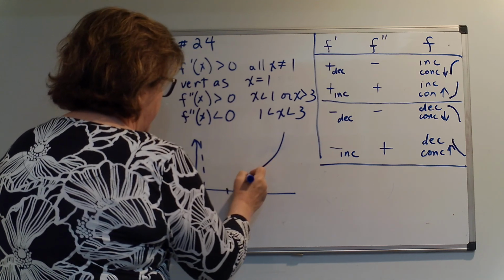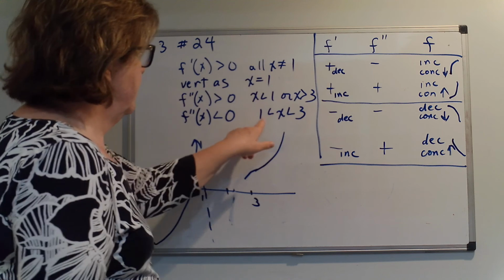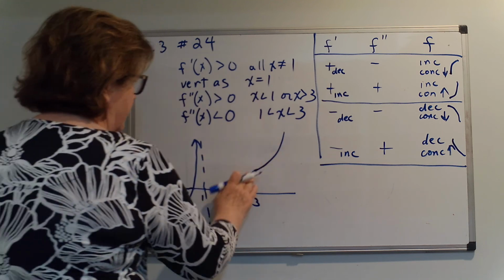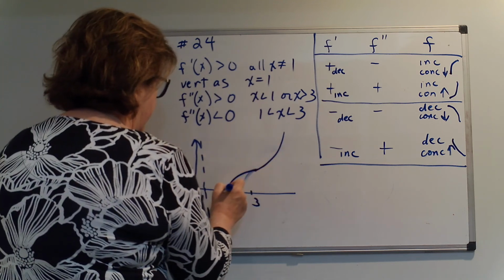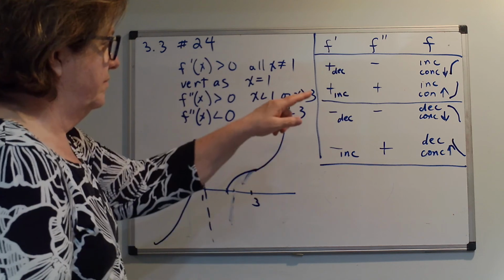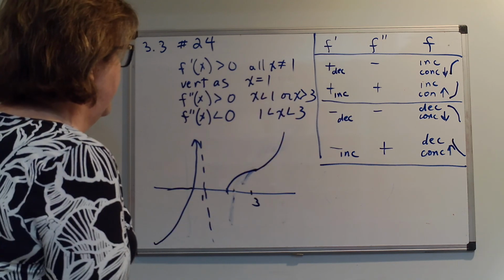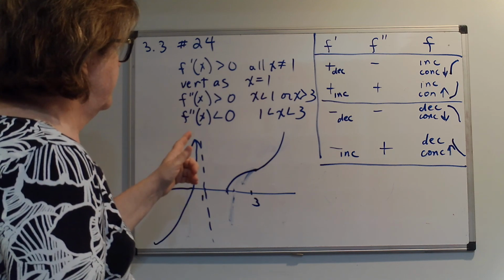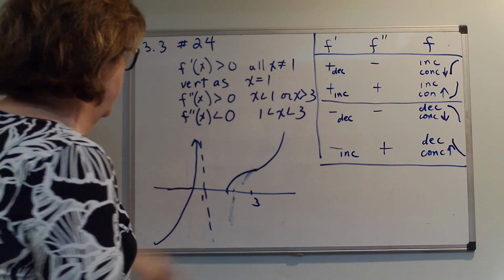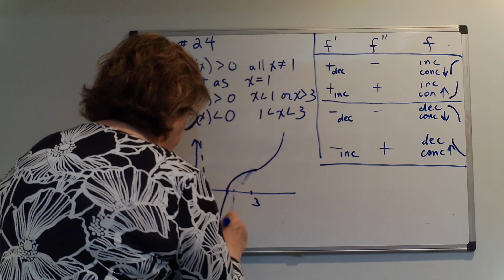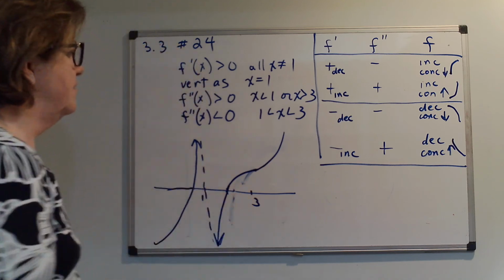Between 1 and 3, it's concave down, so it's got to be concave down and increasing. Then for x greater than 3, we can keep going like this. Okay, that fits.